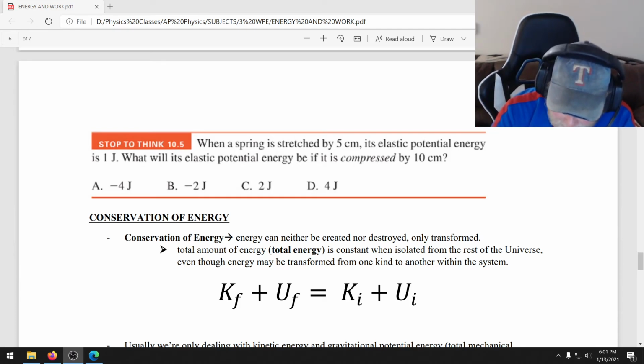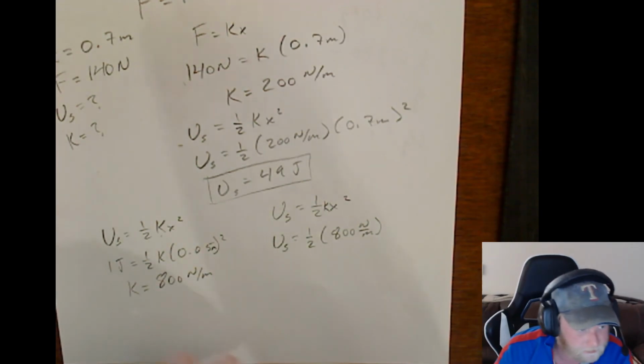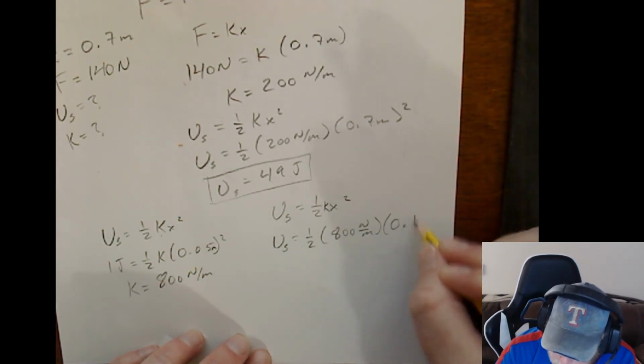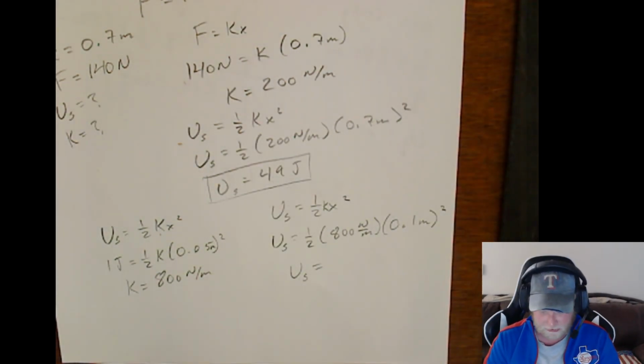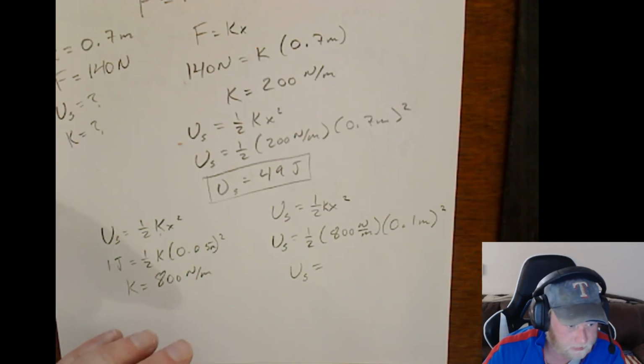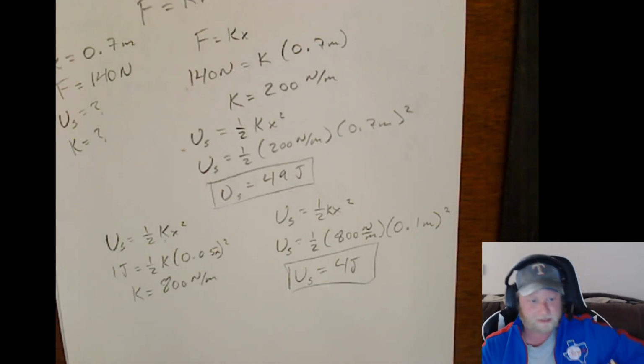So we've got that same spring being compressed by 10 centimeters now, and we want to know the new elastic potential energy. So 1/2 k, 800 newtons per meter, because again, that spring constant is constant for that spring, times 0.1 meter squared. So your spring potential energy comes out to 4 joules. Right, so the answer would be D.